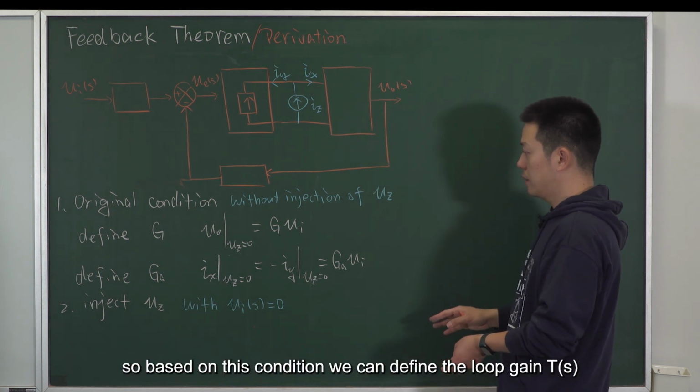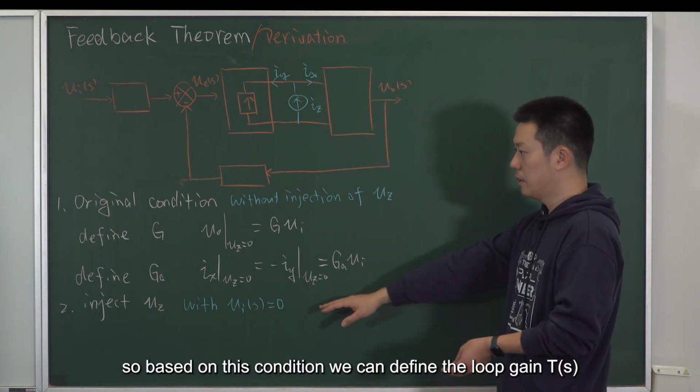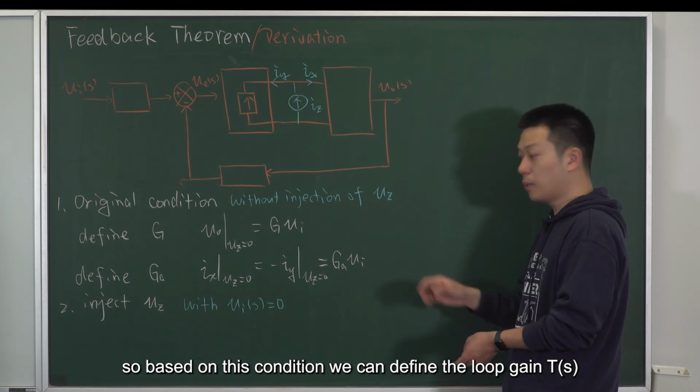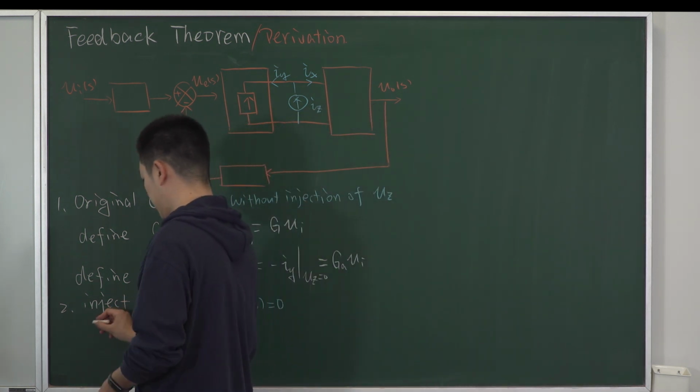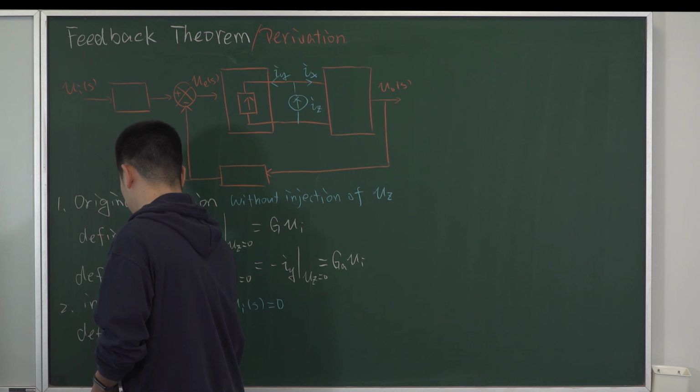Based on this condition, we can define the loop gain, TS.